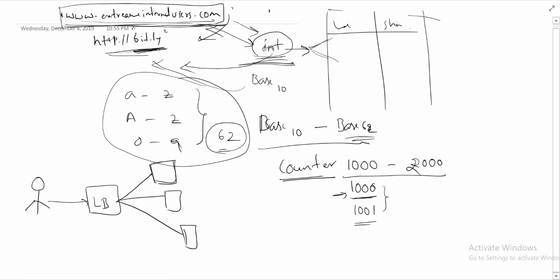Suppose the user gave one long URL to this node, another long URL to this one, and another to this one. These should have different ranges, where the counter takes care of increasing the numbers within those ranges, so that a unique short URL is guaranteed at the end when we convert that integer into base 62. So who will take care of this?